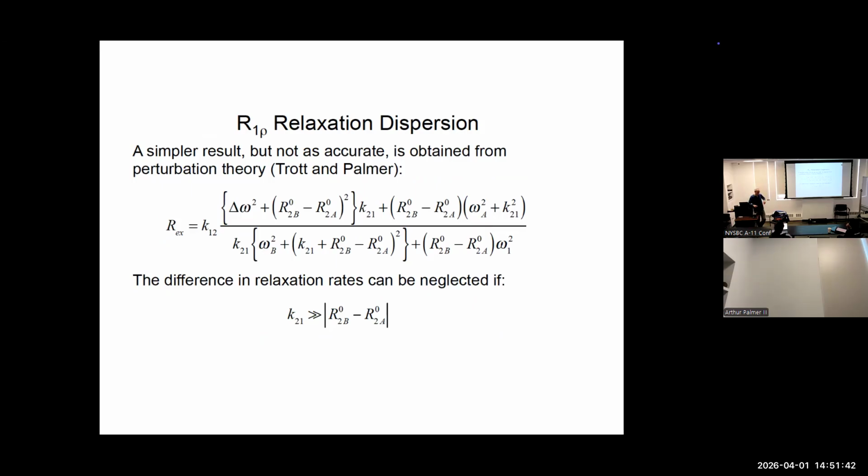So when they're important means that relaxation in the major state is faster than you jump back, which means you lose magnetization in the major state irreversibly before it can ever jump back. And then it becomes an important factor. As long as you jump back fast enough to the major state, relaxation in the minor state is unimportant.